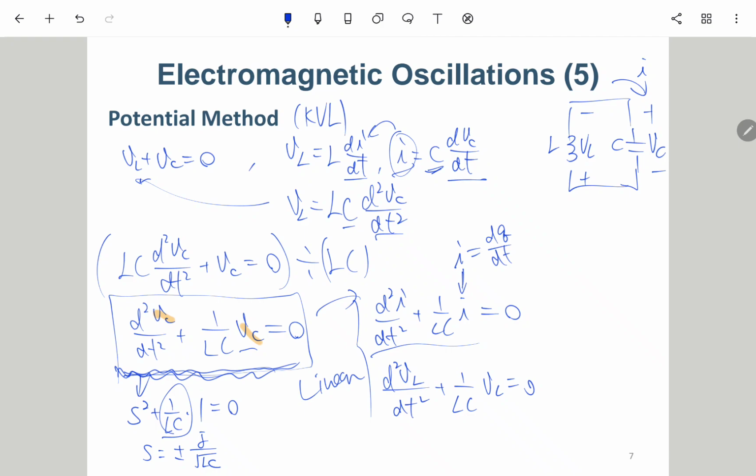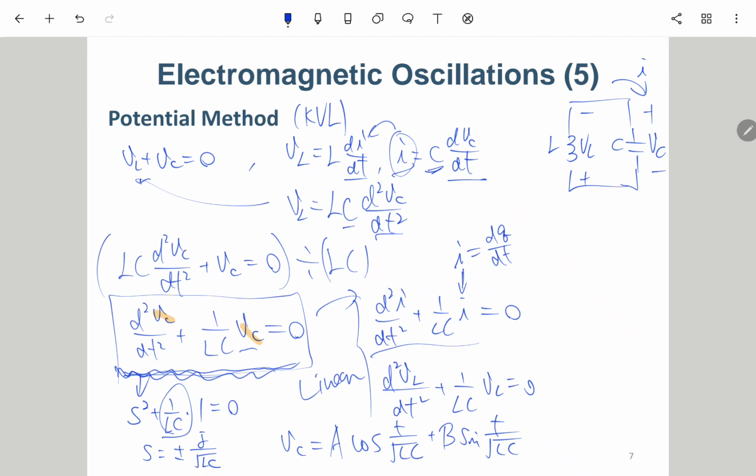Here j is the square root of negative 1. If you still remember, if we have complex conjugate roots, the solution will be like VC equals, let's say this is a capital VC, a constant, times, or maybe I should write it as A cosine of t over square root of LC plus B times sine of t over square root of LC.